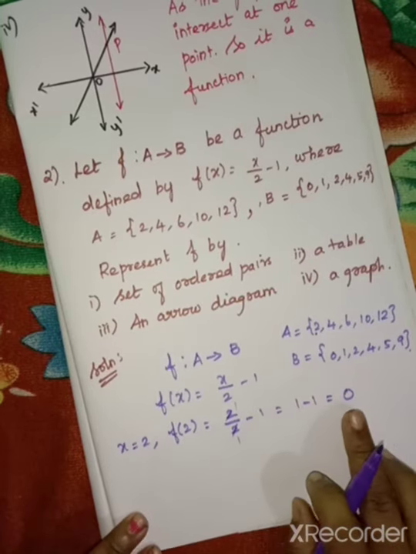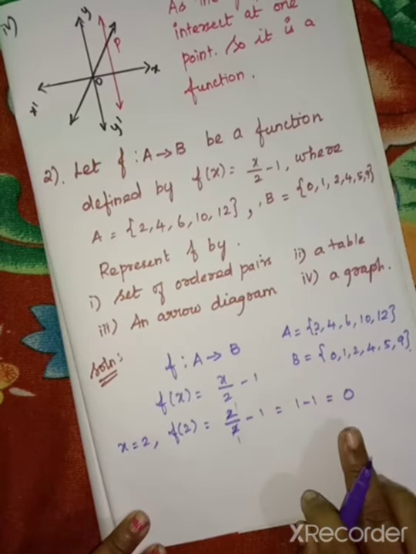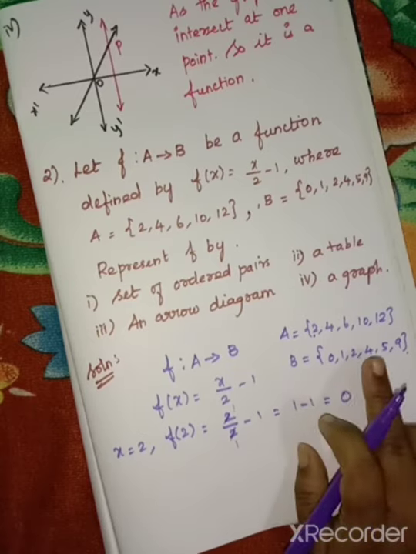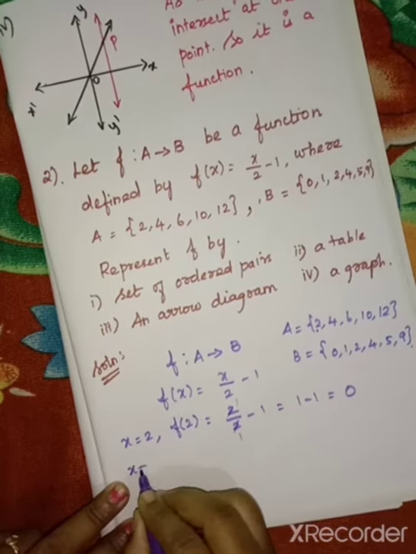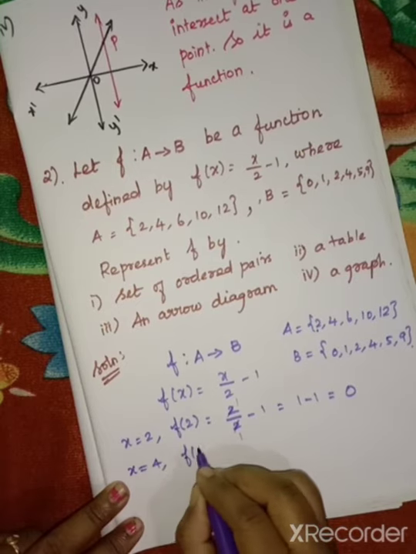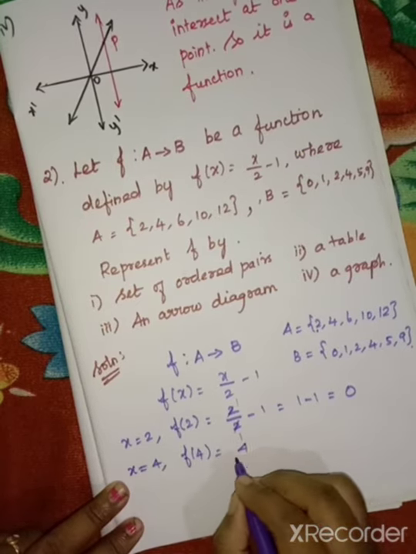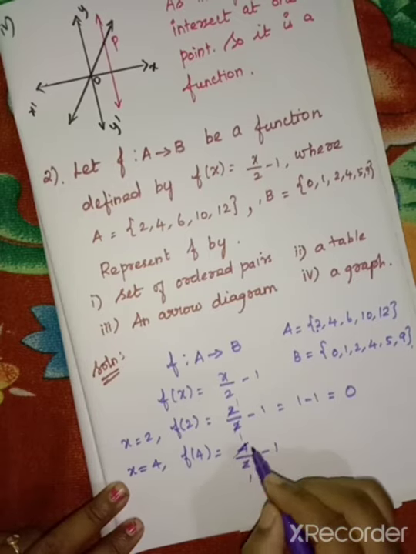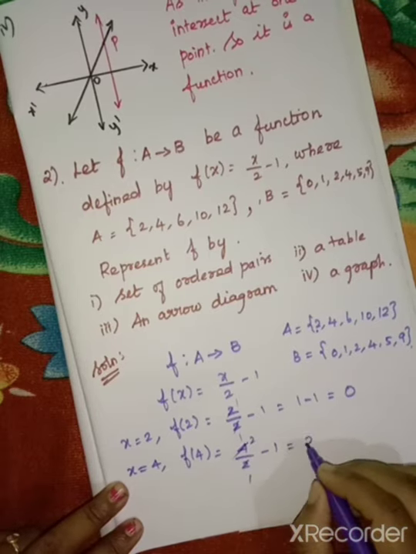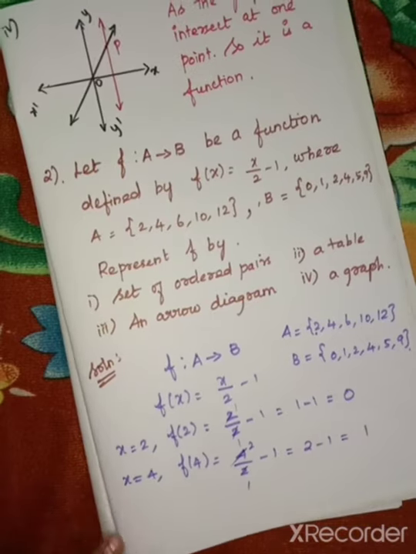Yes, you have to verify that also, because if it is not in the B set, you don't write that element. Next, x equals 4. So f of 4 equals 4 by 2 minus 1. 4 by 2 is 2, and 2 minus 1 we get 1.